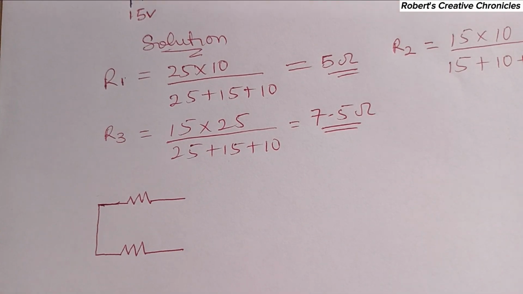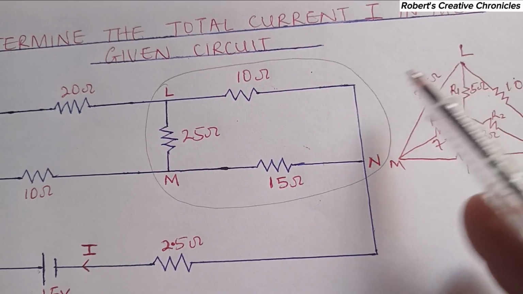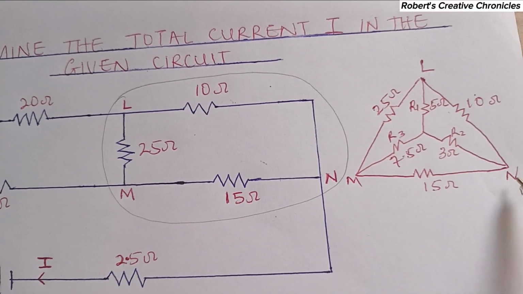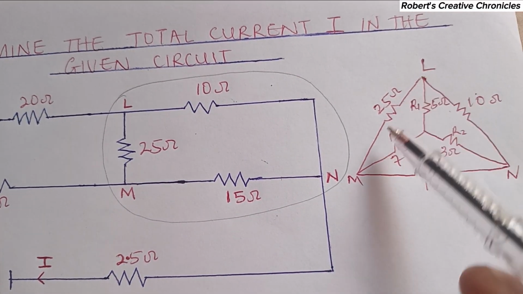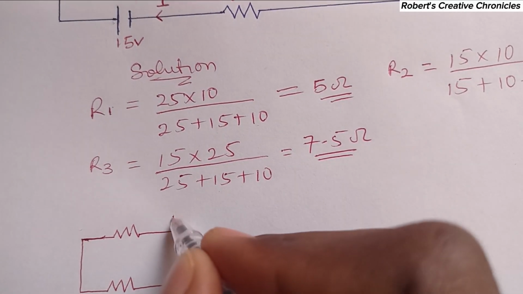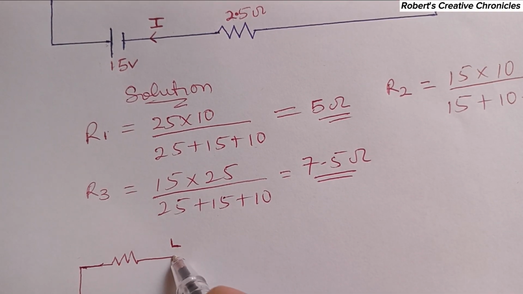Then this one is now like this. So this L will be here, and this M will be here, and this N will be here. So I'll just join L to this one and M to this one, as it were before. So here is L, and here is M. Going to be like this.